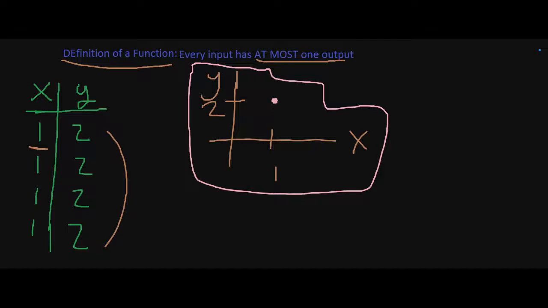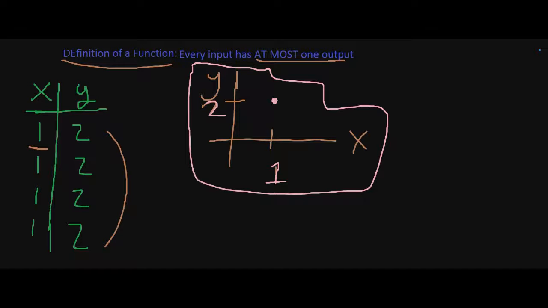According to our definition, every input has at most one output. So if we look here, my input 1 only has the output 2. Even though it's listed 4 times, it doesn't matter because it's the same output. It's kind of tricky.